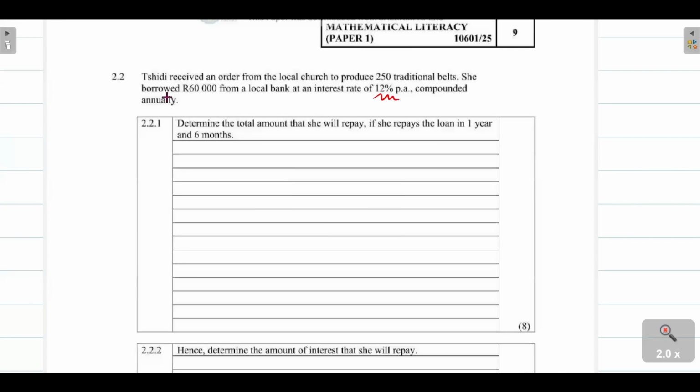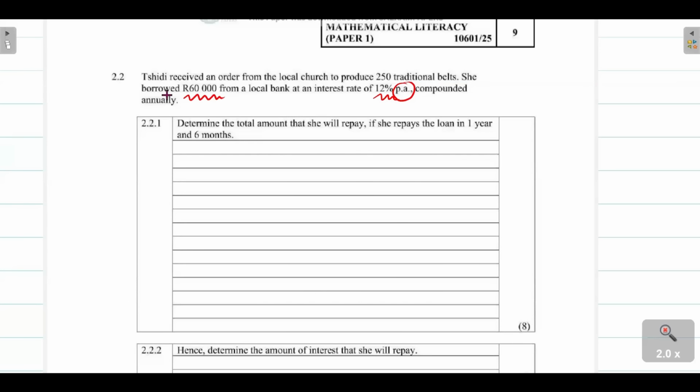So if UTD is borrowing 60,000 from a bank at 12% per year, compounded annually, what will be the total amount that UTD will pay at the end of the loan period, if she has to pay it back in 1 year and 6 months?